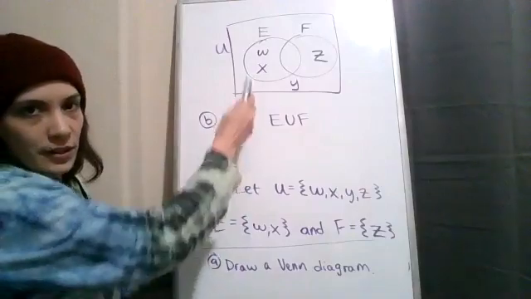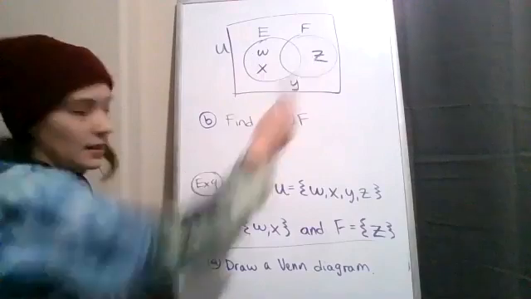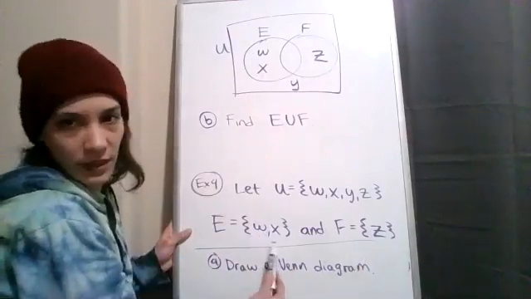So looking at the picture, it's in E or F or both: W, X, and Z. Looking at your sets, it's the sets together without any repeats.